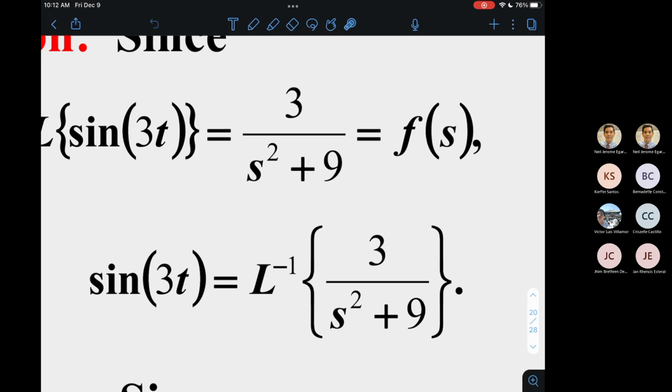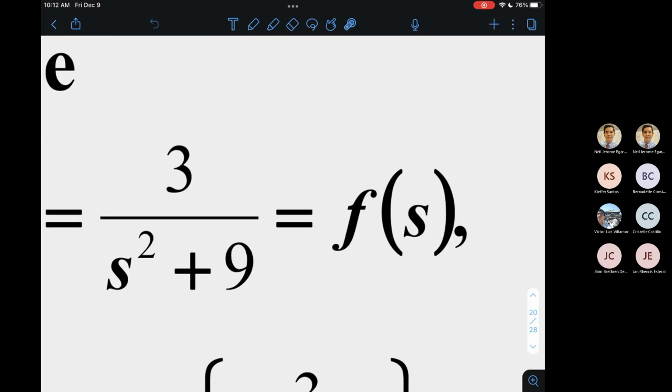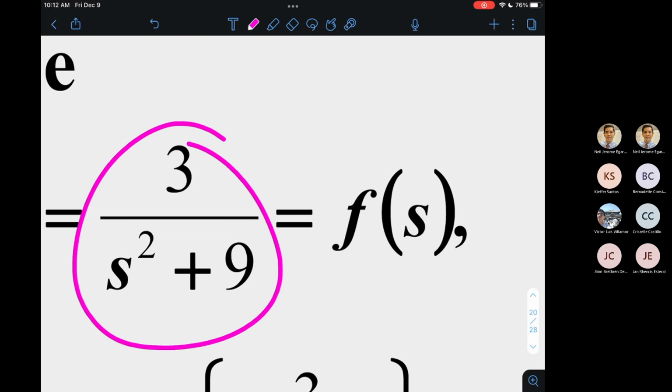We need to think, what should be Laplace transform to get 3 over s squared plus 9? Spoiler kasi yung slides. So that means we need to look for the function na ganito yung itsura ng Laplace transform niya. Eh, isa lang naman yung may constant over s squared plus a constant. It's the Laplace transform of the sine function, right?